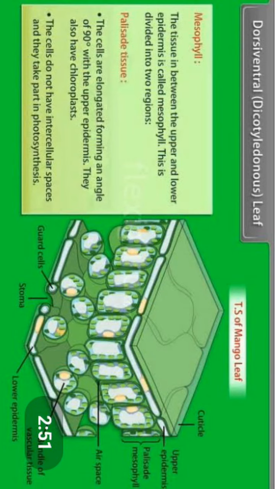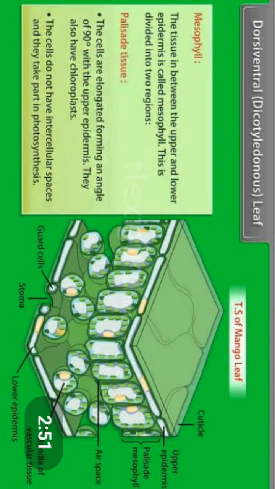The cuticle can be seen at the early age of the plant organs in the leaves, and this can be seen up to the last phase of the leaf also very clearly. Hence it is called a conspicuous cuticle. If the cuticle is not visible clearly, then that type of cuticle is called an inconspicuous cuticle.